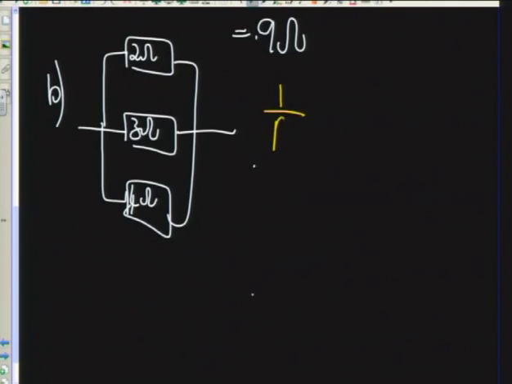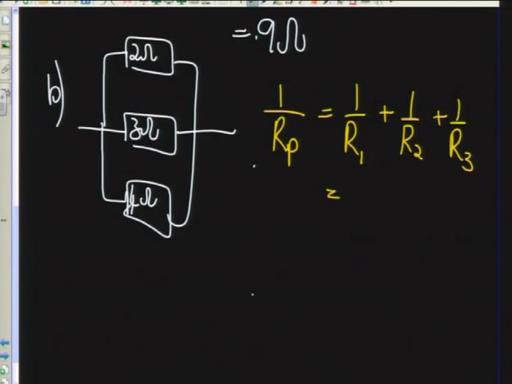So 1 over R parallel equals 1 over R1 plus 1 over R2 plus 1 over R3. Okay, fractions, so we go 1 over 2, 1 over 3, 1 over 4.